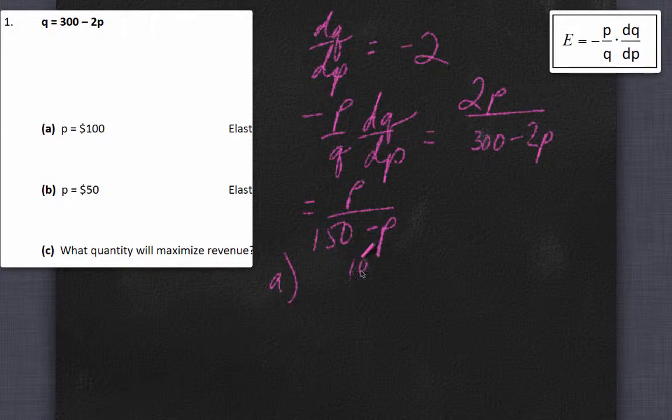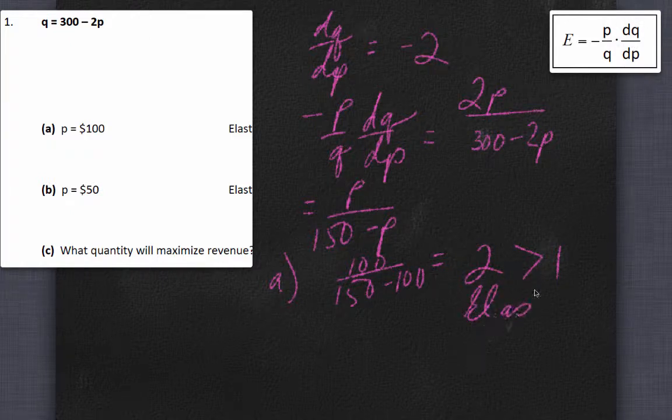At 100, that's 2, which is greater than 1. So since this is greater than 1, the demand's changing faster than the price, so it's elastic. So as price increases, revenue decreases.